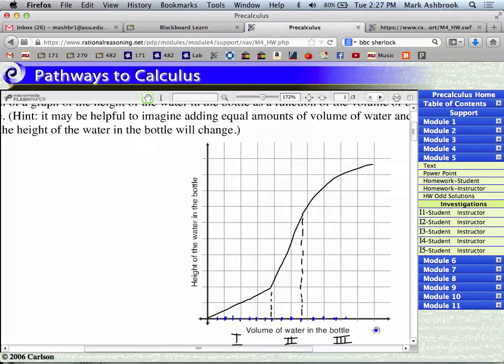Okay, so I'm kind of giving you some help there, marking out small changes in blue. So I want to hear you, as I come around, I want to hear you talking about changes in height and how they compare to previous changes in height.